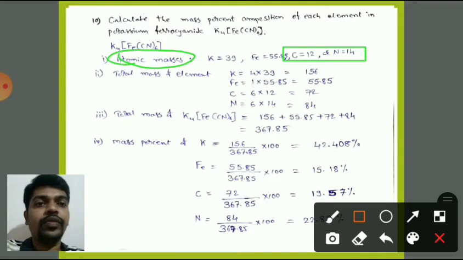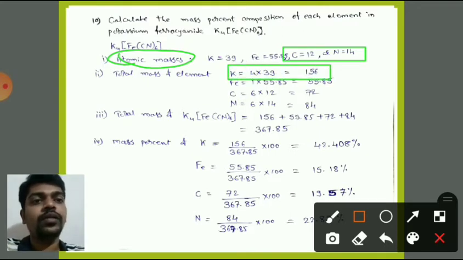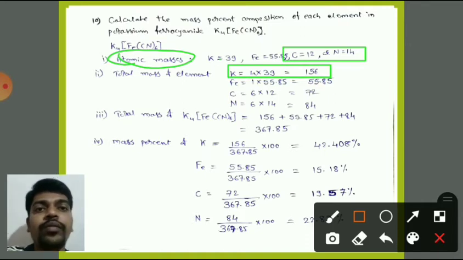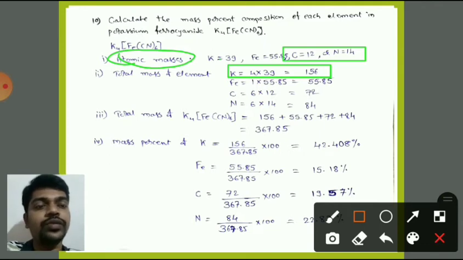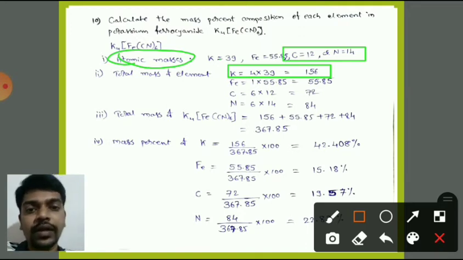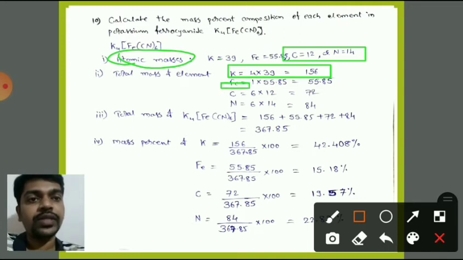For example, to calculate the total mass of potassium, there are 4 potassium atoms, so we multiply 4 by 39 and we get 156. That is the mass of potassium in that compound.